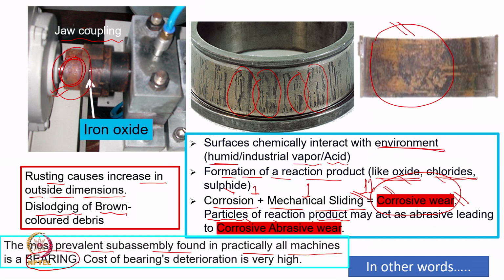It is the most common assembly; even in the human joint we find a number of bearings there. And if these bearings get deteriorated, the performance will decrease, and naturally we need to change the bearing. That is why we say the cost of bearing deterioration is very high.